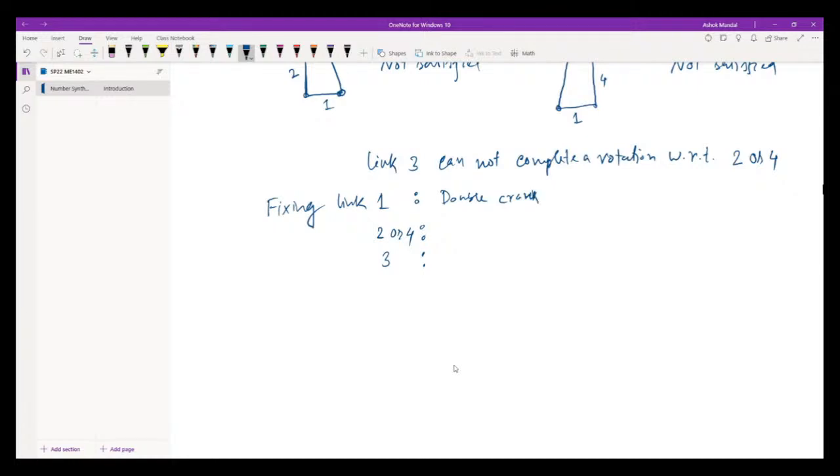Fixing link 2 or 4 gives you crank rocker. And fixing link 3 gives you double rocker.